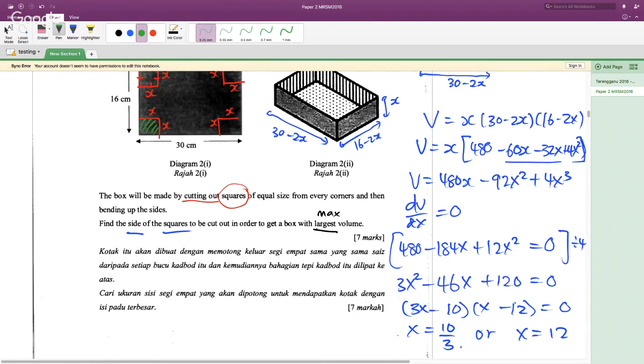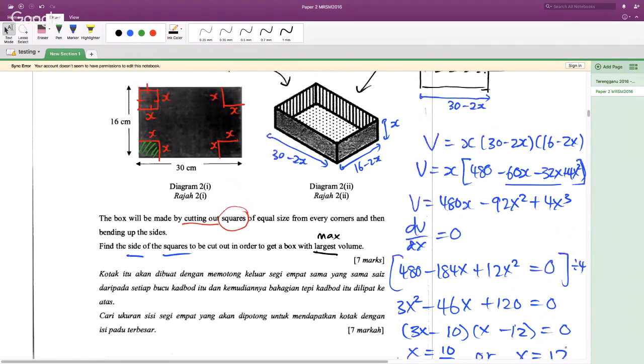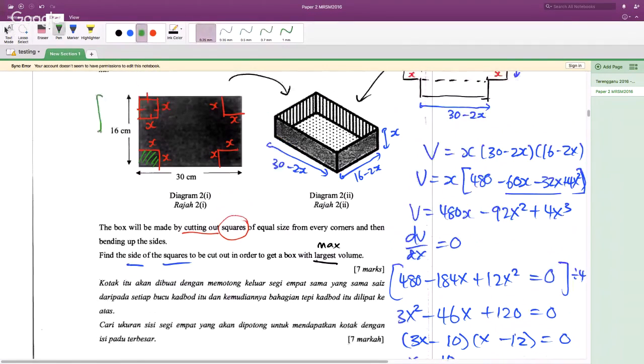So in this case you have both of these answers, but I will reject the 12. Why will I reject the 12? Because it's not possible. Imagine after cutting out x and x, the total length in the middle here is 16 minus 2x.